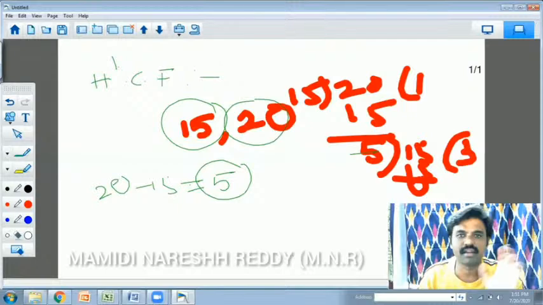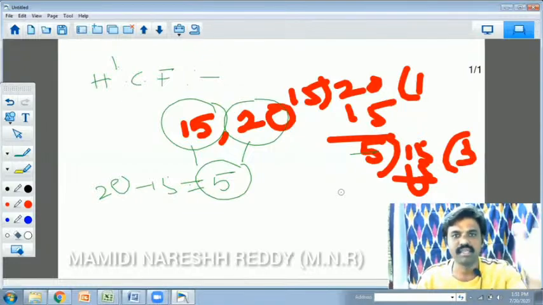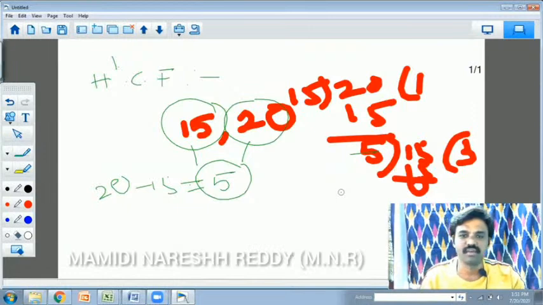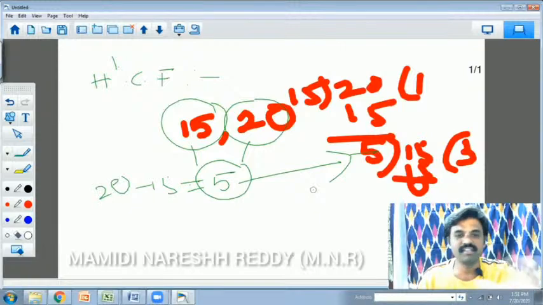If it is a factor, then it must be the GCD of the given numbers. So easily we can find it by finding the difference of the given two numbers.